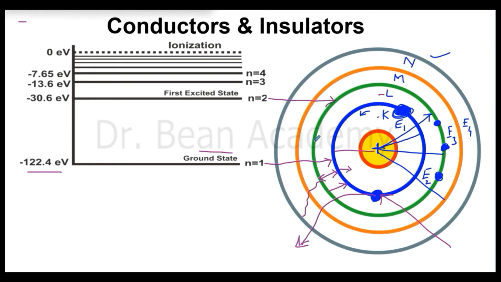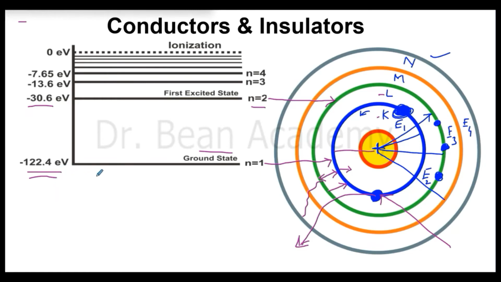So the green orbit is the L orbit, or n equals 2, the second orbit, and we see that the amount of energy is decreasing. It means I need less energy to take an electron from the second orbit than from the first, because I need a lot of energy to snatch an electron from the first orbit, where the energy value is too much.